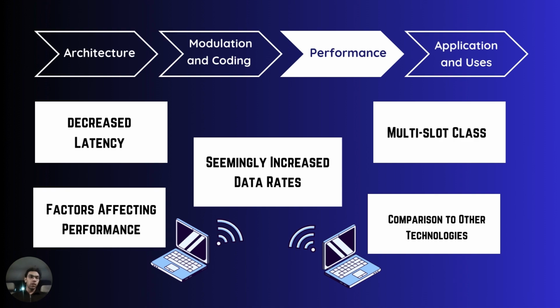What does it mean? It means that the latency has decreased, the data rates have increased, and the 8 time slots also mean that there are multi-slot classes in packet modes when we are sending packets through the data.